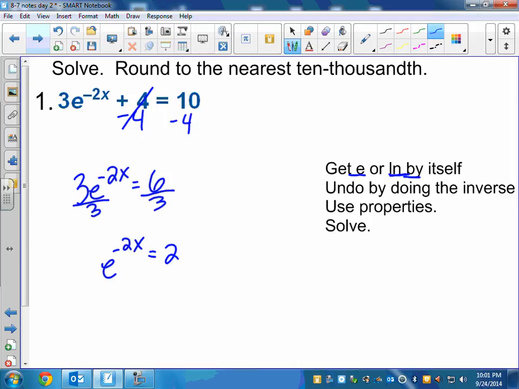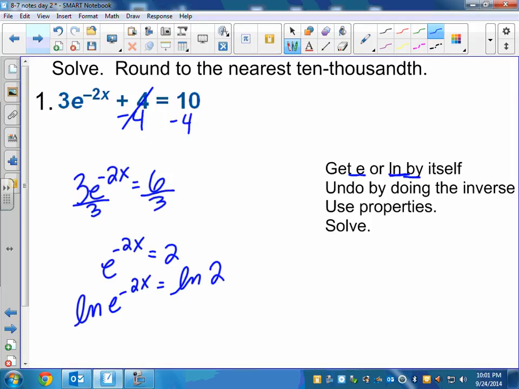The new part is, how do I get rid of e? Just like to get rid of a square root, we square both sides. To get rid of addition, we subtract. We do the inverse. Well, the inverse of e is ln. So to get rid of e, I'm going to ln both sides, because I have to keep it balanced. So if I ln this side, then I also have to ln the other side.